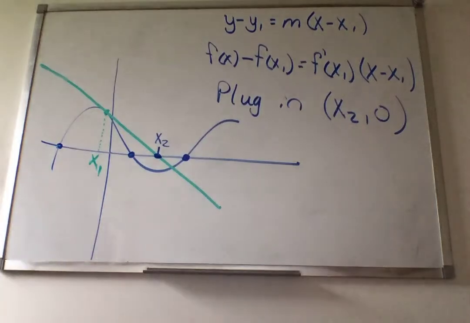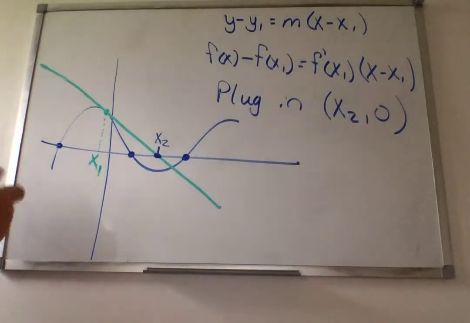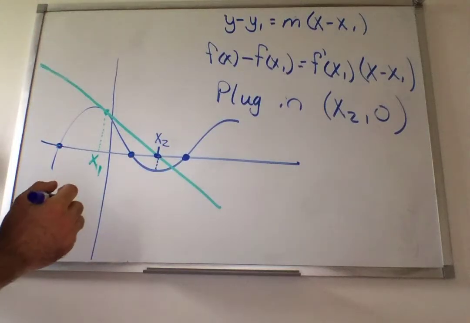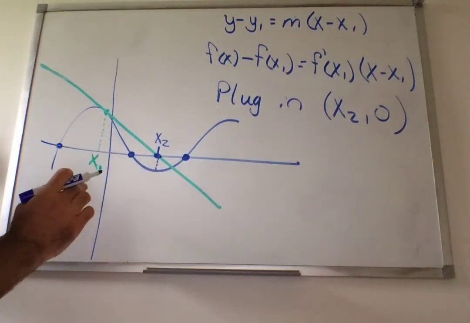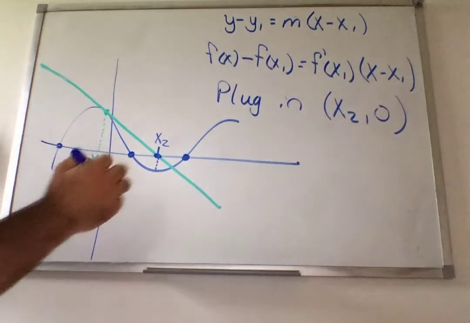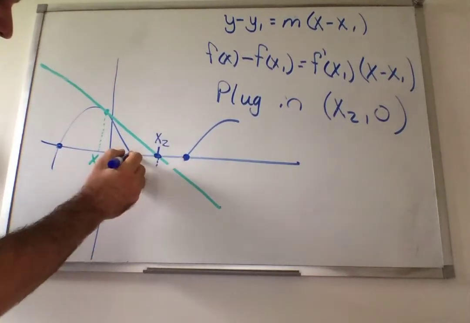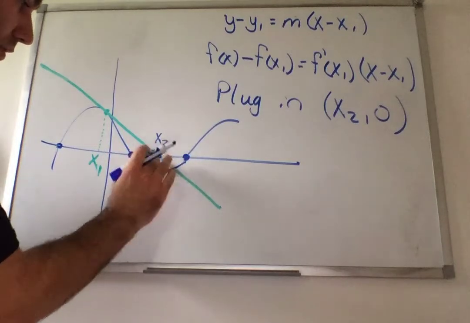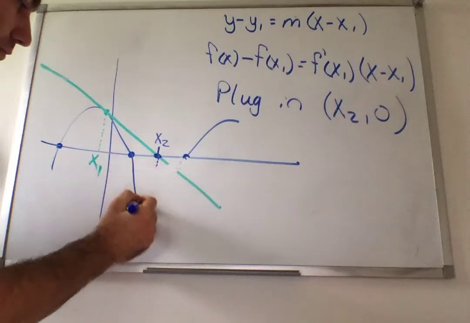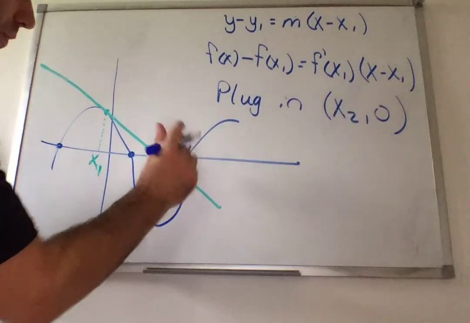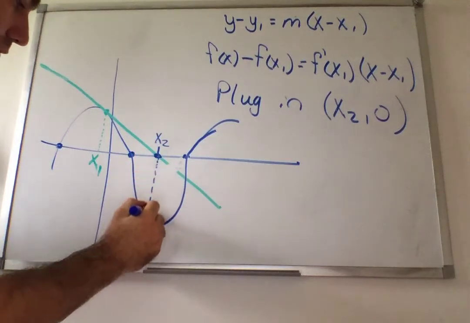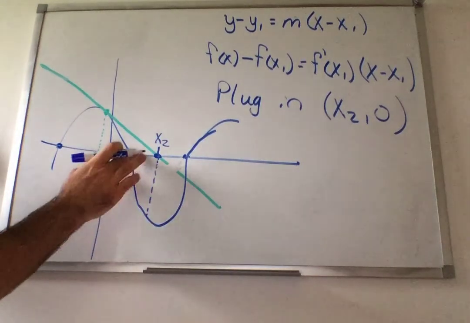And now what we do is we find another tangent line. Now, how I drew my graph, I ended up with a horizontal tangent. That's just because I generically drew it. Let me see if I can fix this. Something like that. There we go. That's a little better.